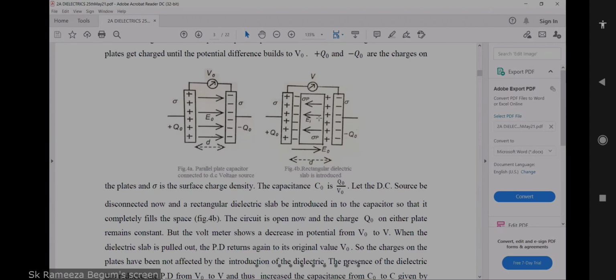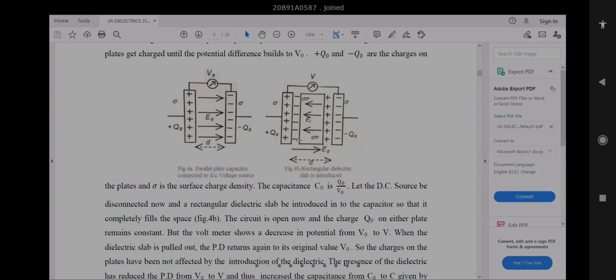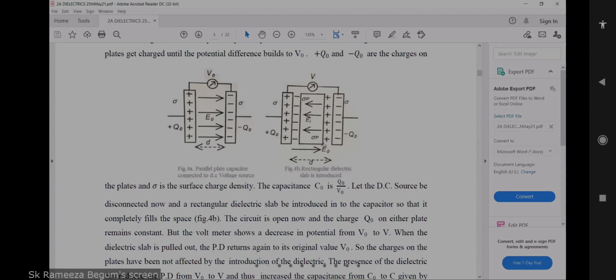Induced charges are present on either side of the dielectric slab. See this: the negative charges are accumulated on one side of the dielectric, and positive charges are accumulated on the other side of the slab.